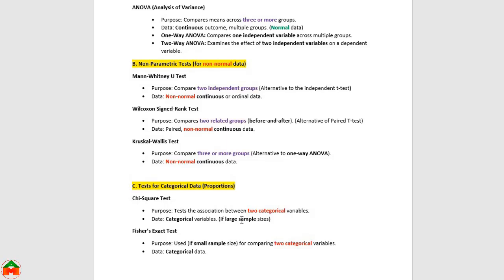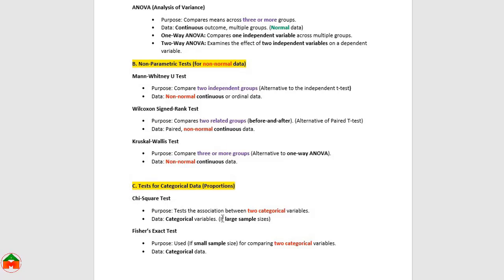As for example, whenever you need to examine whether the smoking status is related to the heart disease, I mean yes or no, here the smoking status may be smoker or non-smoker. So it's a categorical variable. That's why you have to apply the chi-square test.